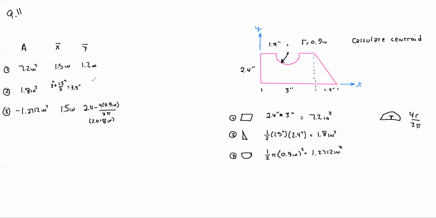And then the y bar for the triangle is height divided by 3. So 2.4 inches divided by 3, which is 0.8 inches.